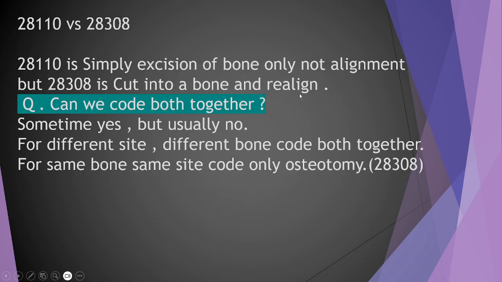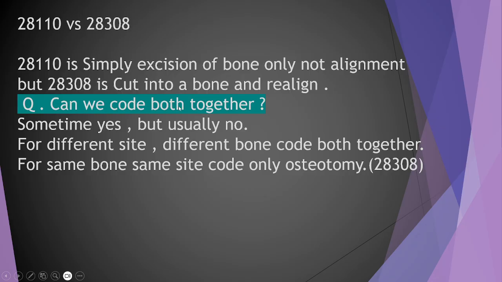And in 28308, there will be a cut into the bone and alignment also done. The main difference: in 28110, excision but no alignment; here, a cut into the bone and realignment has been done.